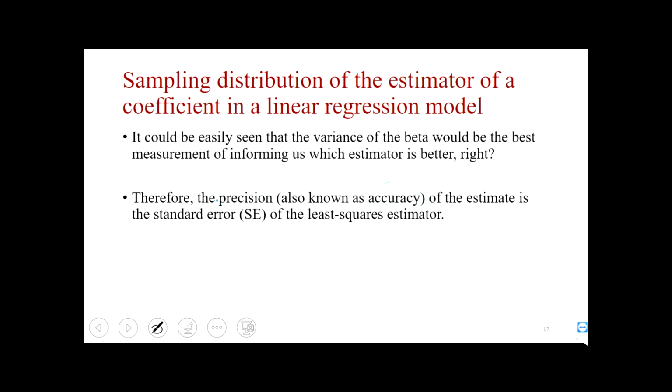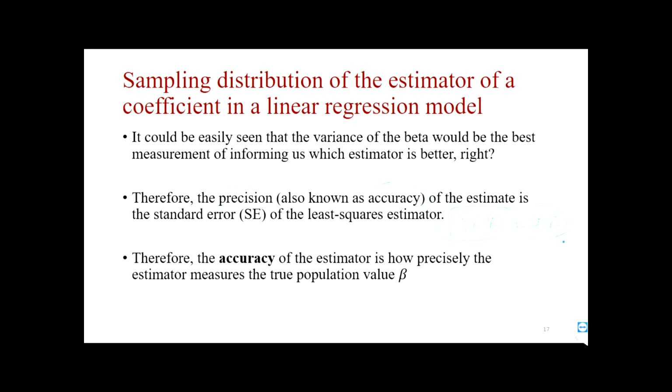The variance of beta 2 hat is estimated, and the square root of that is known as the standard error of beta 2 hat. This can easily be seen in software: whenever you run a regression, you will see in any statistical software that it is also reporting the standard error of beta 2 hat.